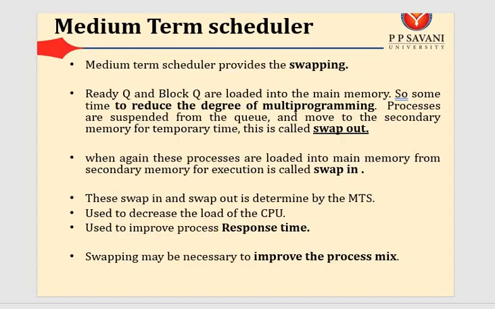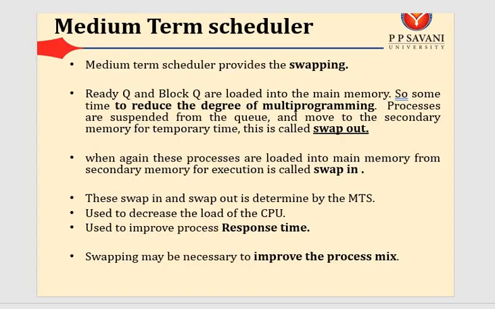Sometimes, to reduce the degree of multiprogramming, a number of processes are suspended from the queue and moved to secondary memory for a temporary time, and that operation is known as swap out. But whenever those processes are loaded back into main memory, that operation is known as swap in.